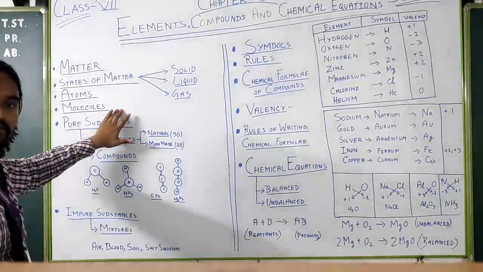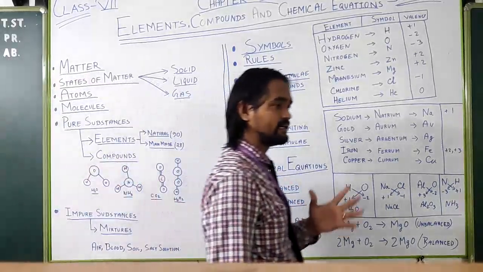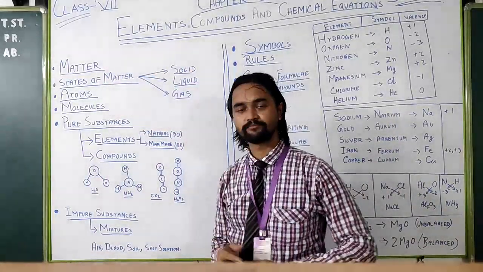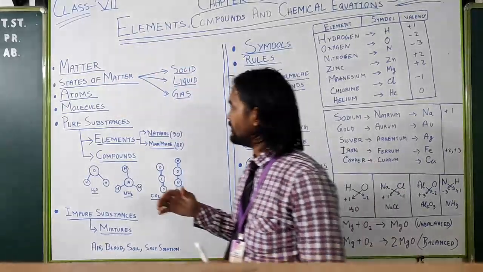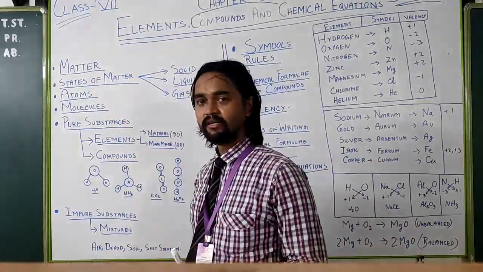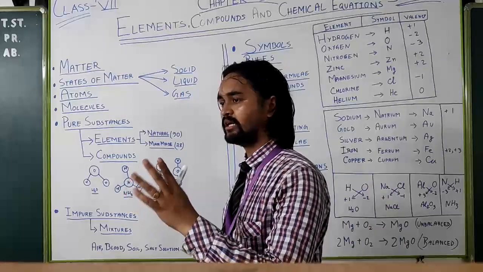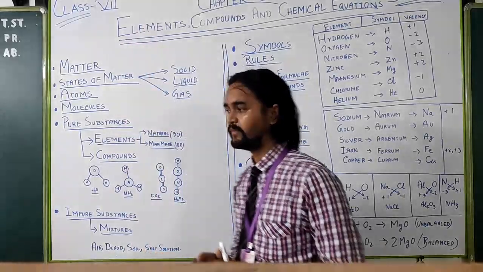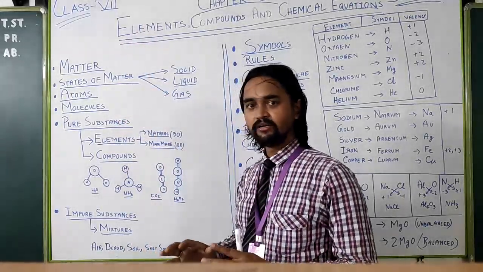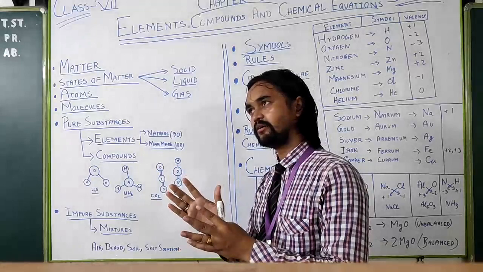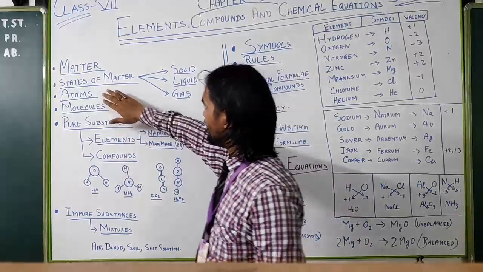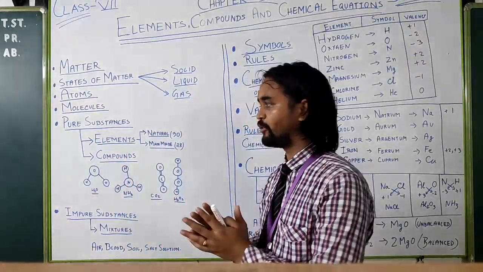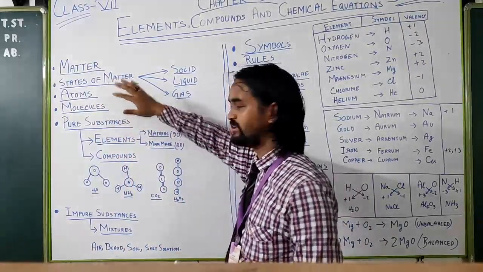What are molecules? Molecules are the particles that are made up of different atoms. That means atoms are the smallest part of any matter. Molecules are the smallest part of any compound, and molecules of compounds are made up of different atoms of different elements.